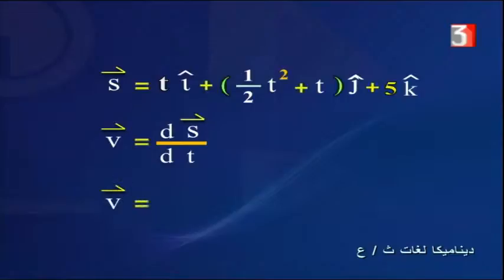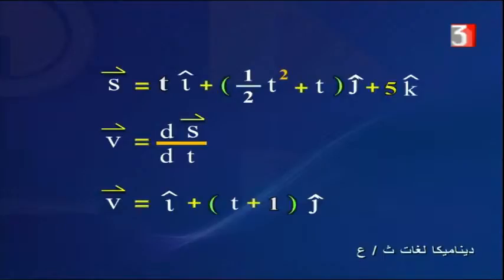Now vector v equals the derivative of T i, which is 1 i, that is i, plus the derivative of half T power 2 plus T, which is T plus 1, j, and the derivative of 5k equals 0. Then the velocity vector v equals i vector plus T plus 1 j vector.